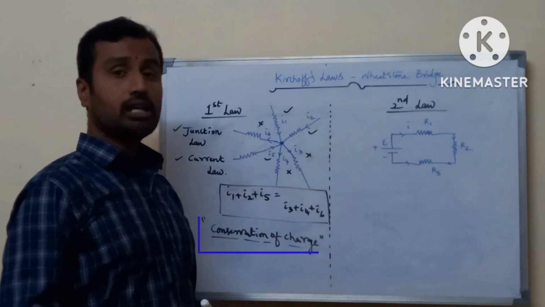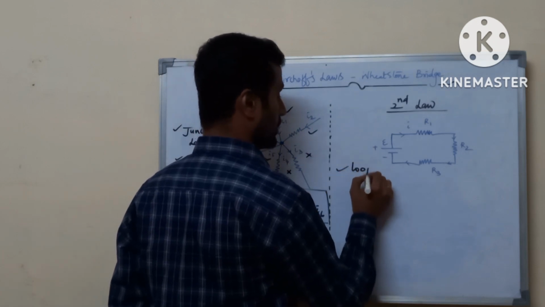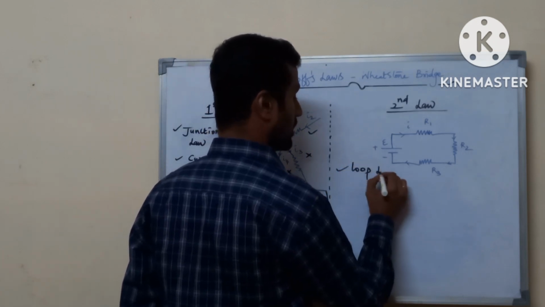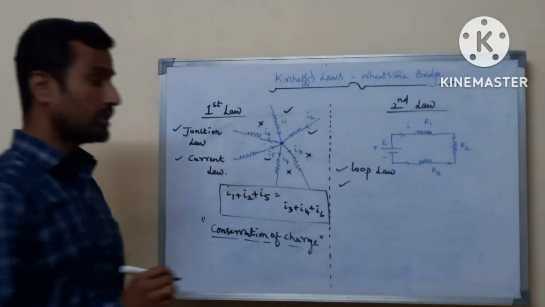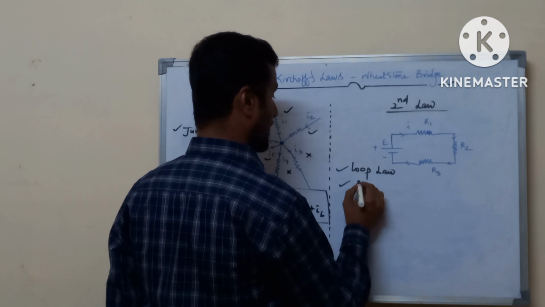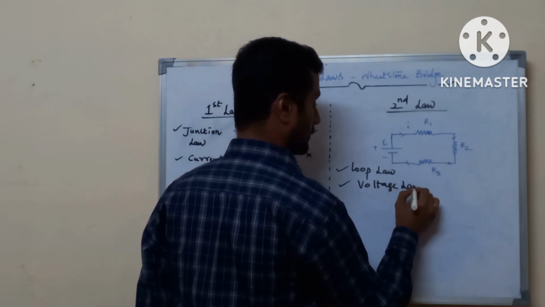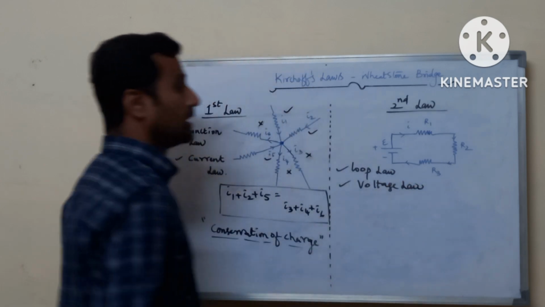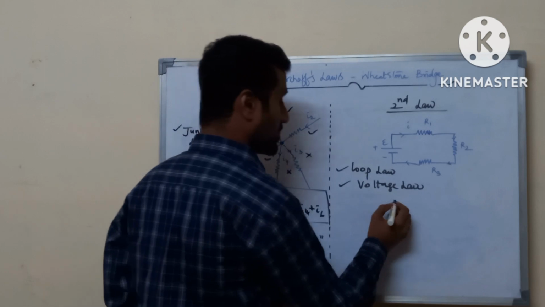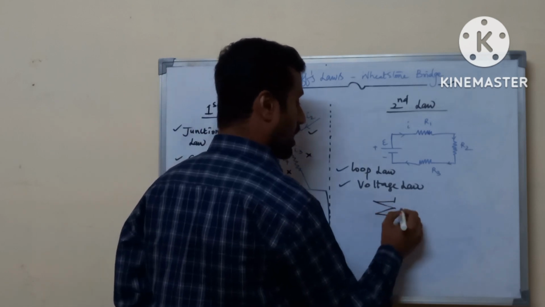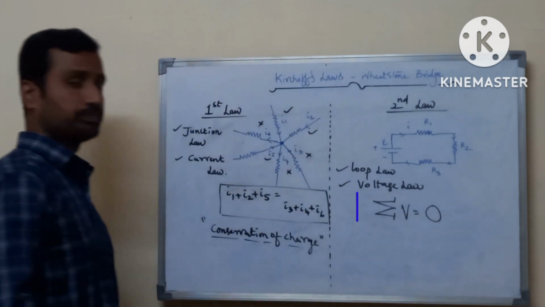The second law is applicable to loops, so it is called the loop law. It also deals with voltages, so it is also called the voltage law. It states that the sum of potential differences across any closed loop is equal to 0.